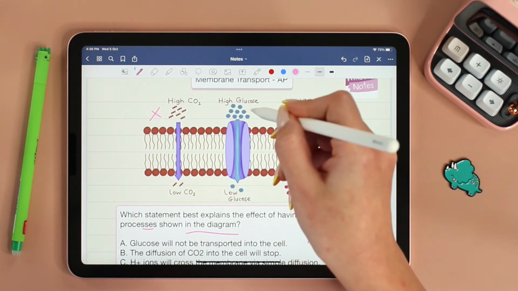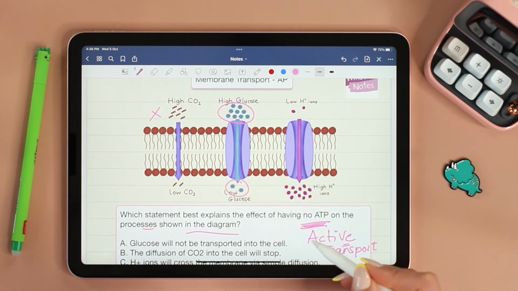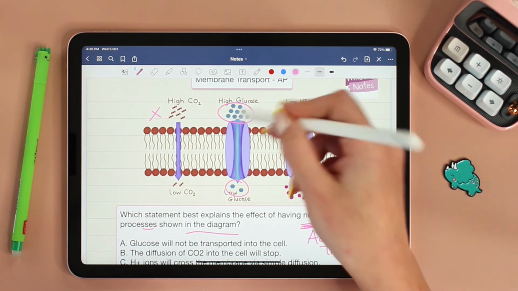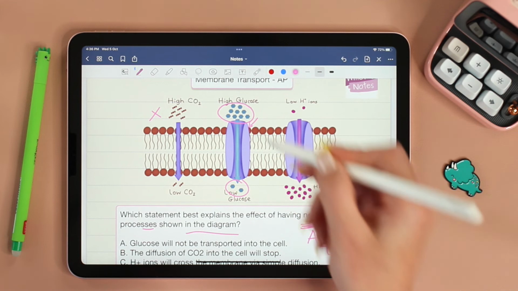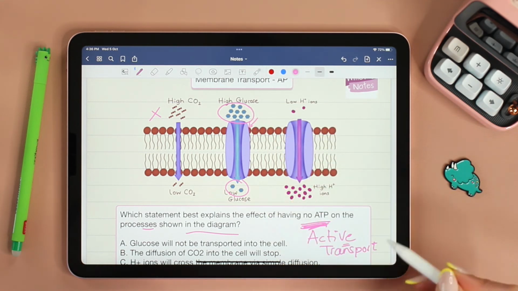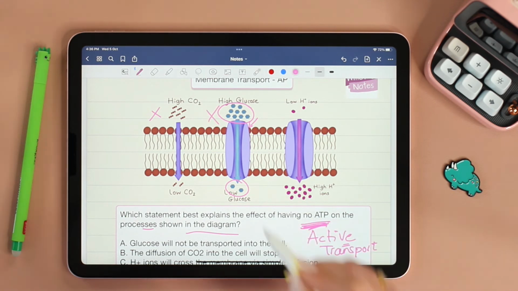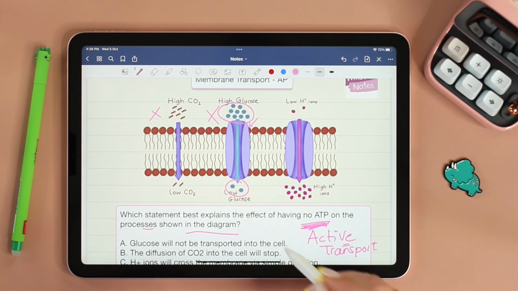It shows that it's moving from high concentration to low concentration. That's a typical case of passive transport. It is facilitated diffusion, it's using a channel, but it's going from high to low. So no ATP is required anyways. So the choice we're going to choose should not have anything to do with glucose.